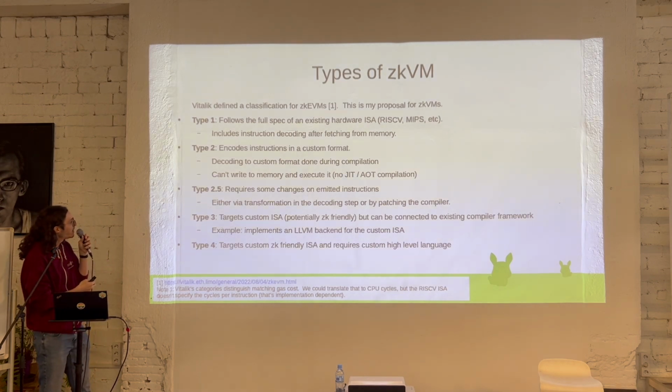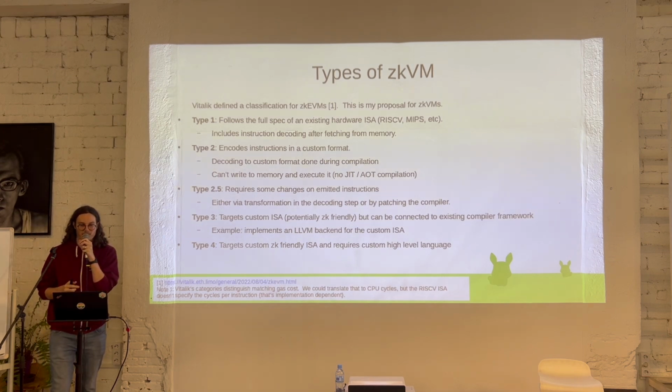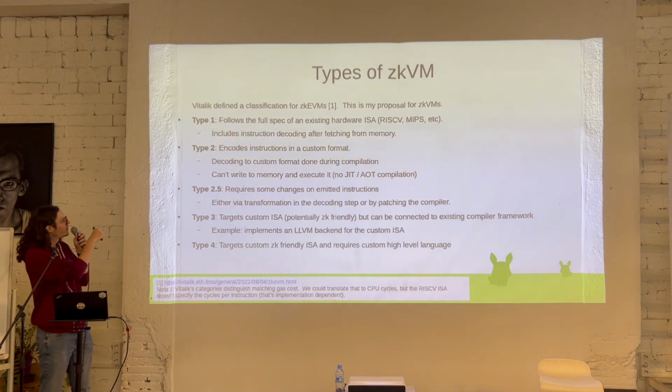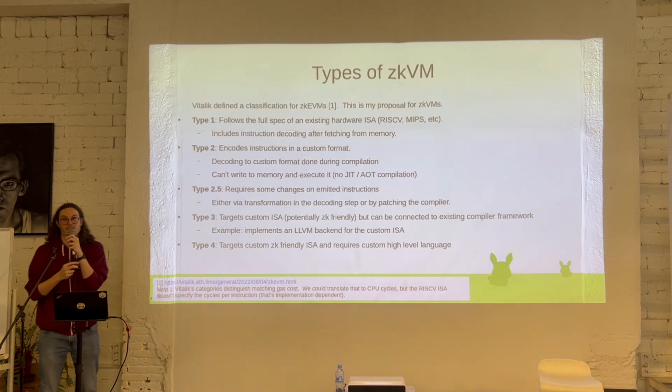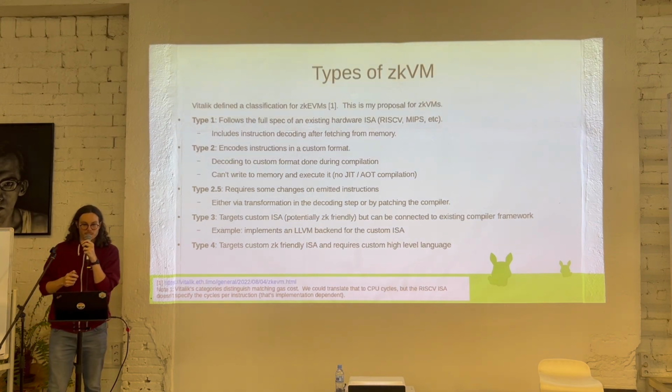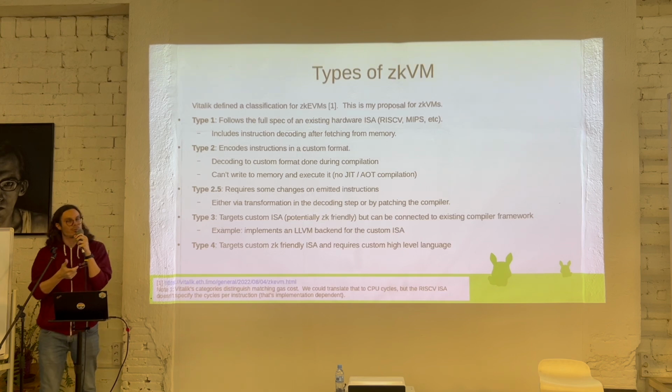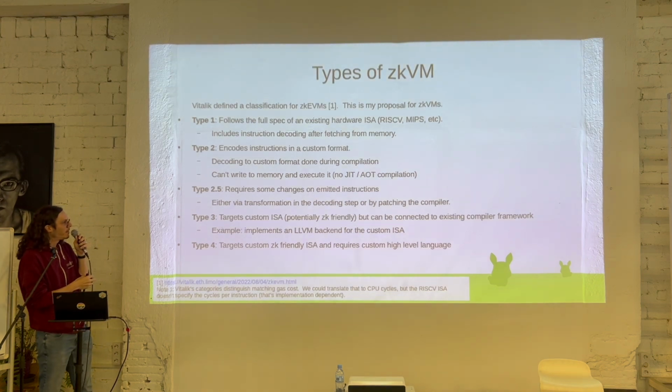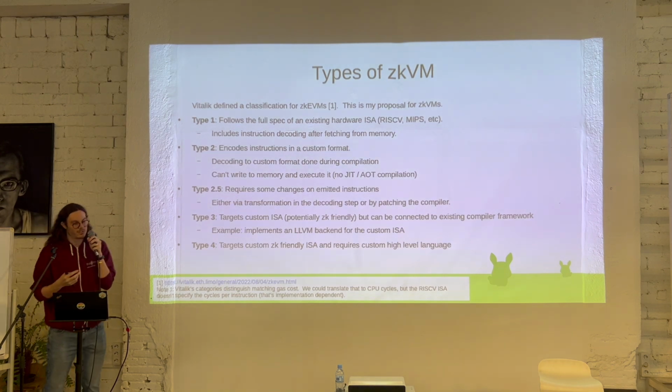Then type 2.5 is very similar to type 2, and probably the jump from 2 to 2.5 is not very meaningful. In type 2.5, some instructions would be translated or expanded into a list of instructions, some transformations.